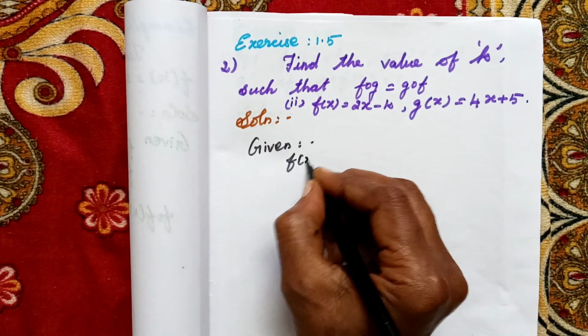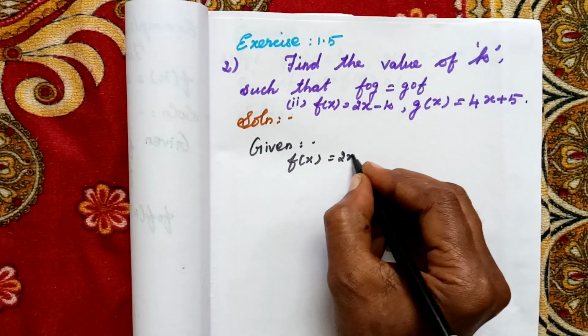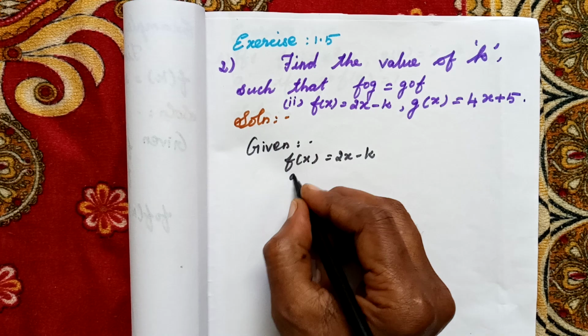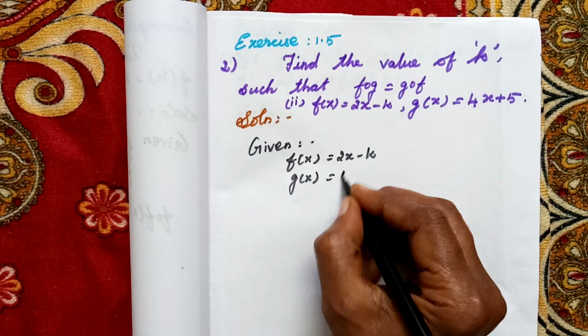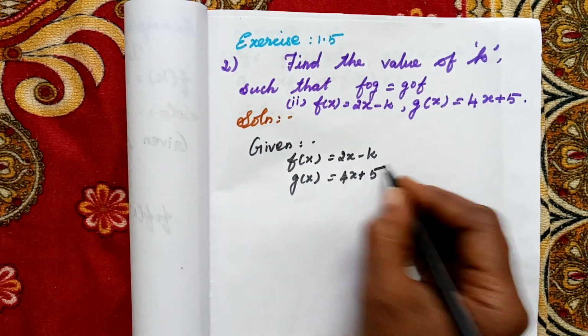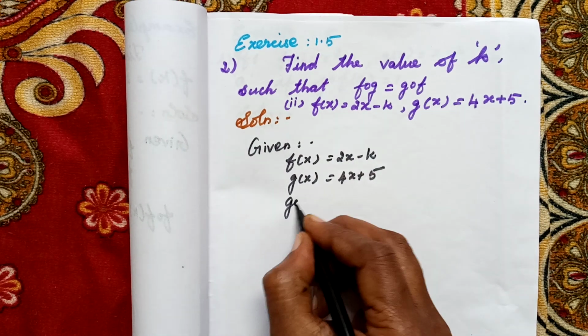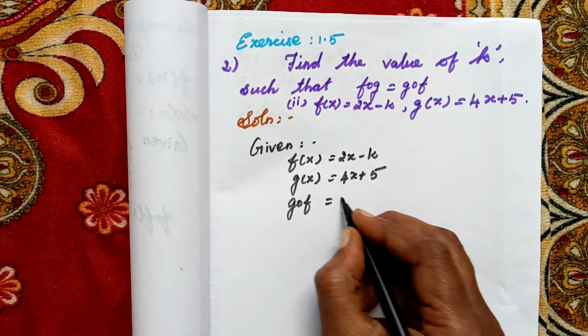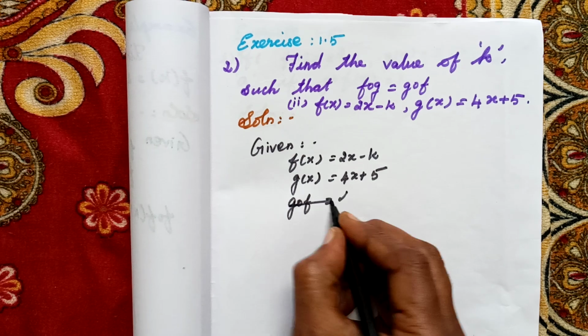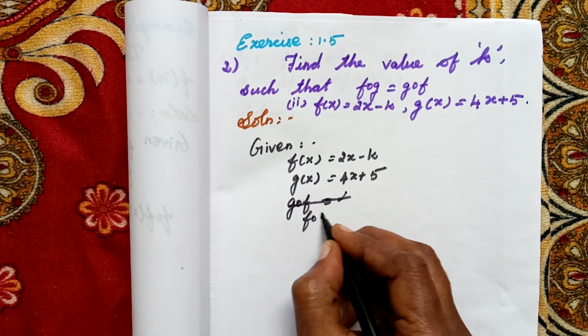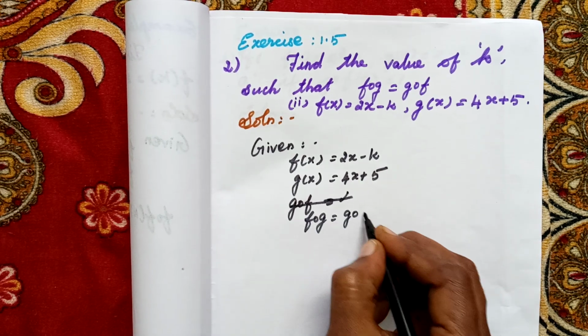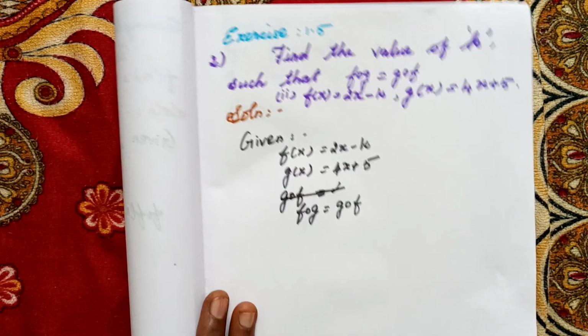First, what is given? f of x is equal to 2x minus k. g of x is equal to 4x plus 5. Then one more, what is given? f composite g is equal to g composite f.